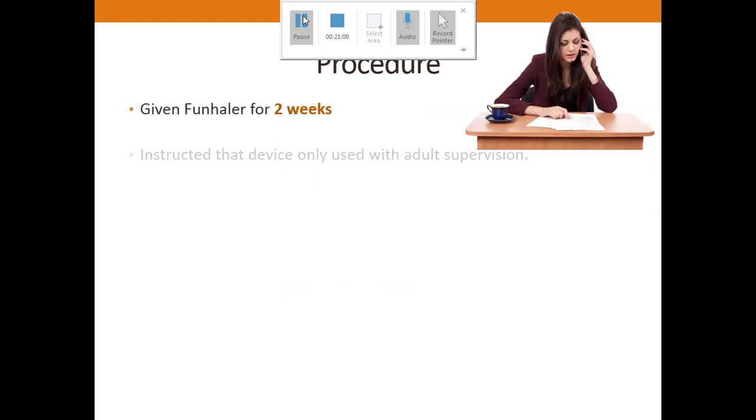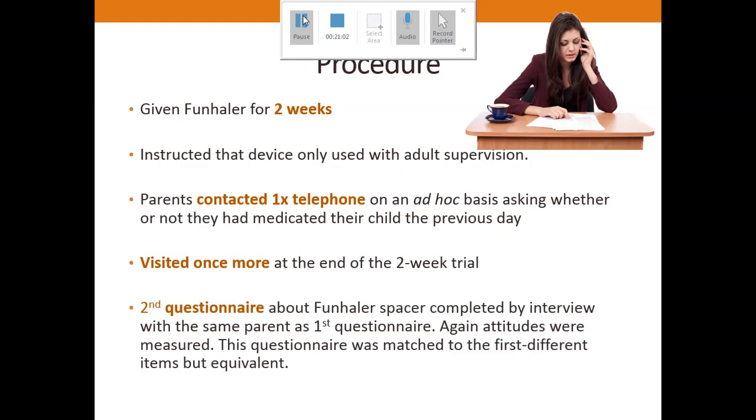Okay. So then they are given the Funhaler for 2 weeks, and they were instructed that it was only to be used with adult supervision. And they were reporting then over the phone on an ad hoc basis to take snapshots of whether they had used the Funhaler on the previous day.